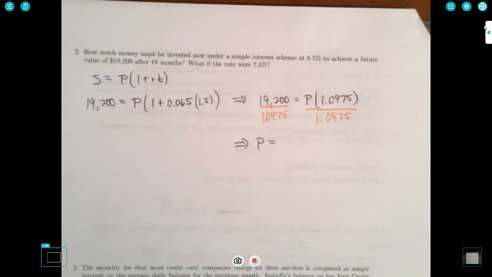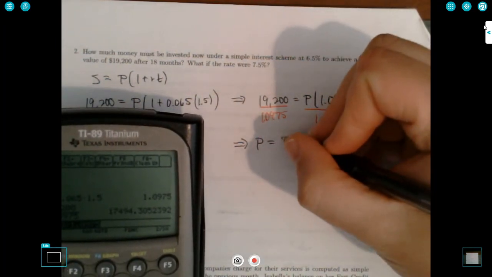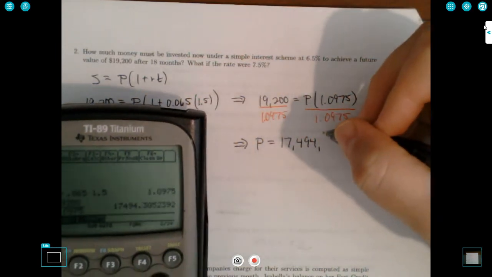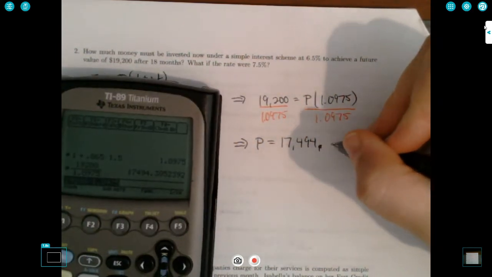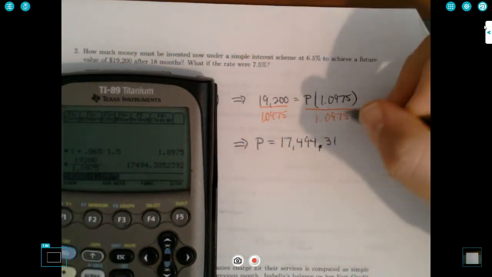I'm just going to punch that into my calculator. 19,200 divided by 1.0975 is $17,494 and it looks like 31 cents if I round to the nearest penny.